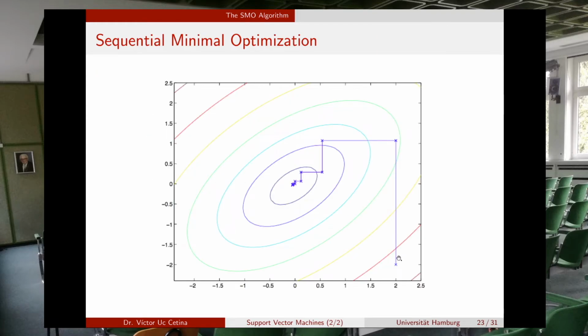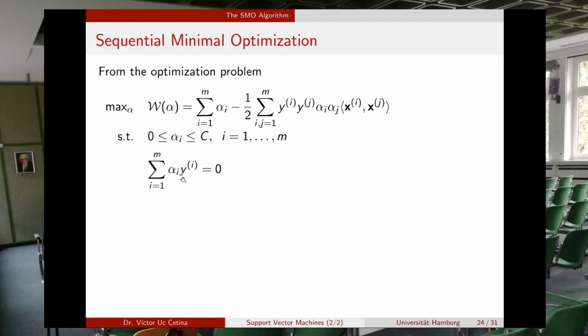So the problem is that this way of saying, okay, I'm going to update, for example, alpha 1 and then alpha 2 and then again alpha 1, is not going to work because of this constraint here. So we cannot optimize one parameter alpha at a time.